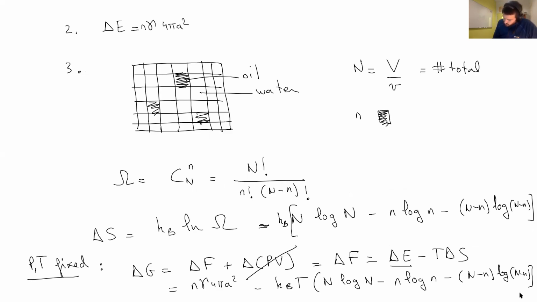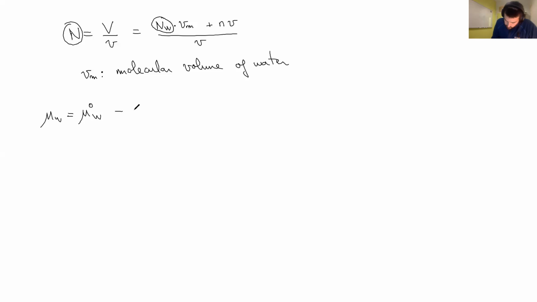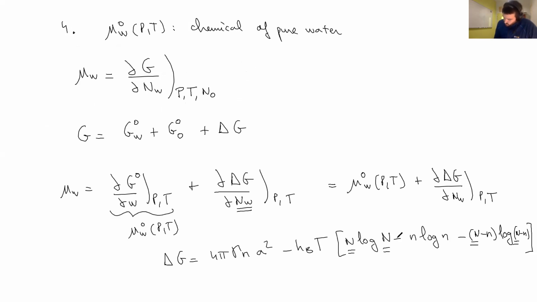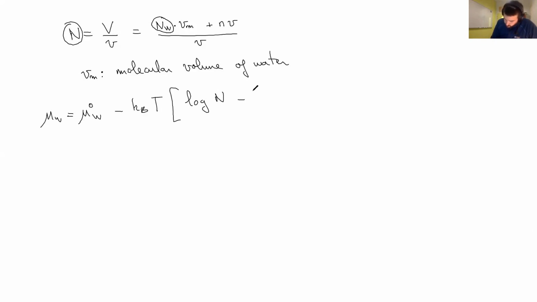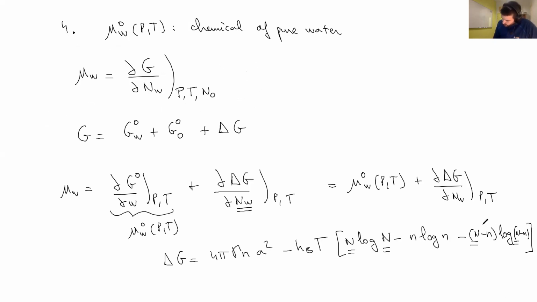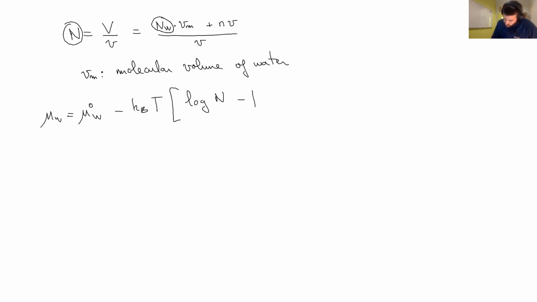So kBT, log N minus 1 here. And then if I derive this with respect to capital N, I have minus log N minus n plus 1. And then I should multiply this by the derivative of N with respect to N_W, which is Vm over V.